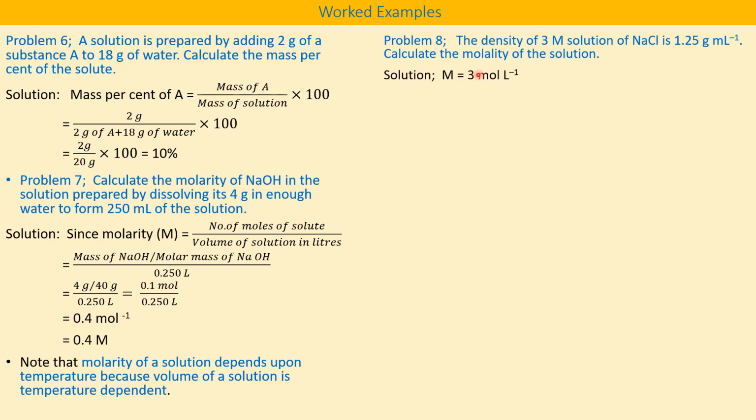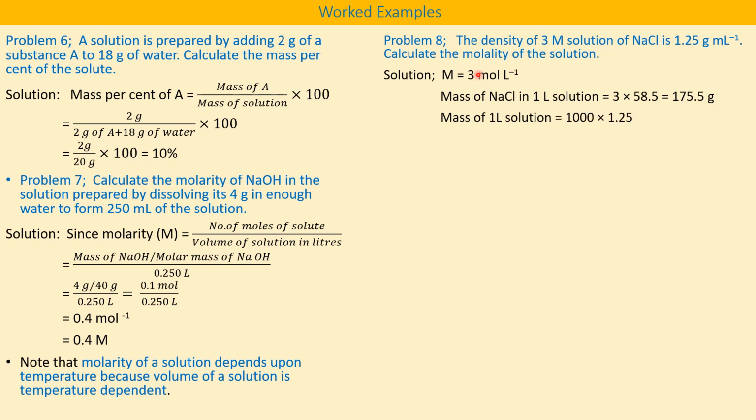Now we will solve it. M is equal to 3 mole per liter. Mass of NaCl in 1 liter of solution equals 3 into 58.5, that is equal to 175.5 grams.